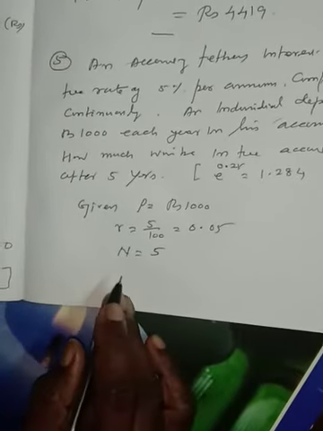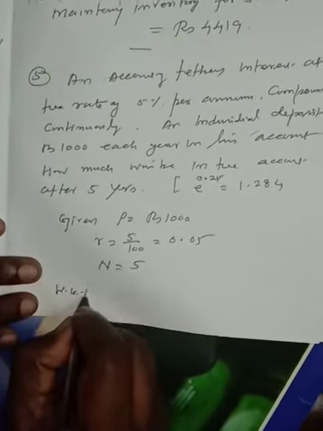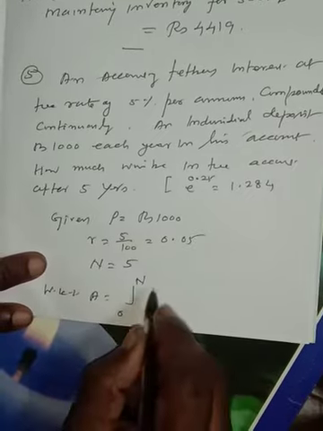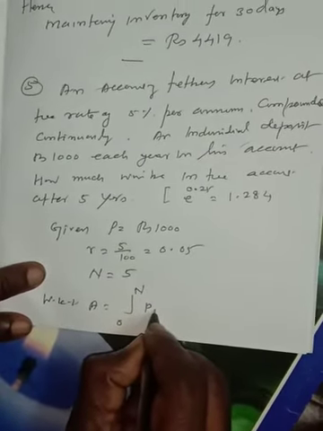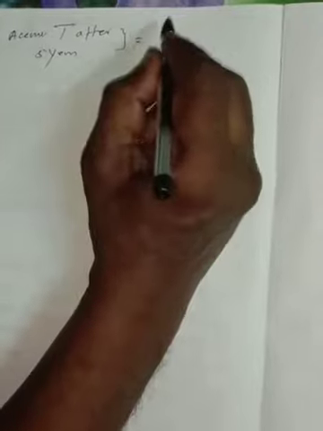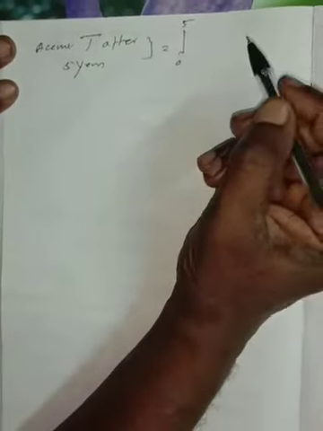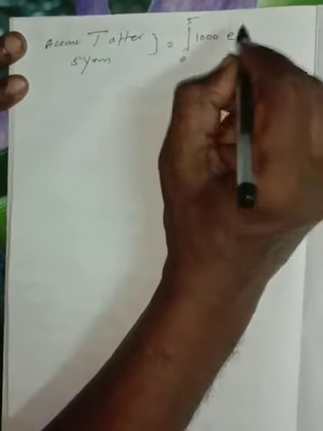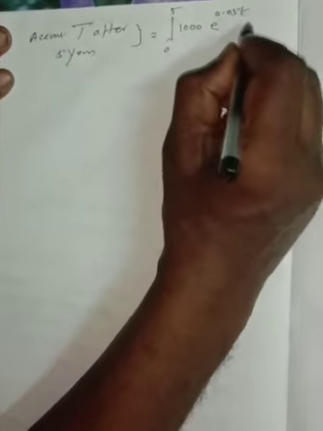We know that the amount after 5 years is equal to the integral from 0 to 5 of P e to the power of 0.05 t dt, with P as 1000.